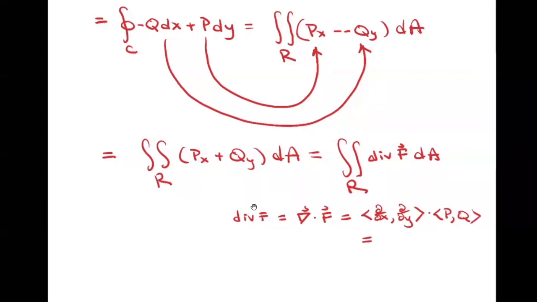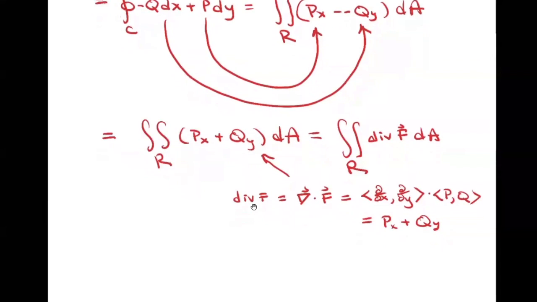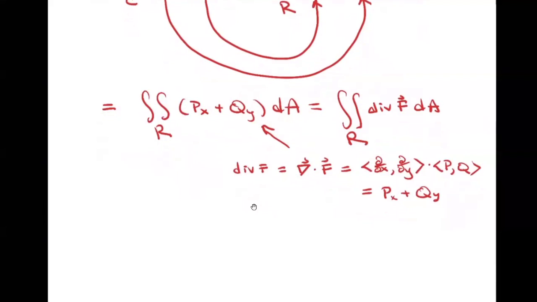And so this is px plus qy, which is what we saw here. Okay, so this is a two-dimensional version of the divergence theorem.